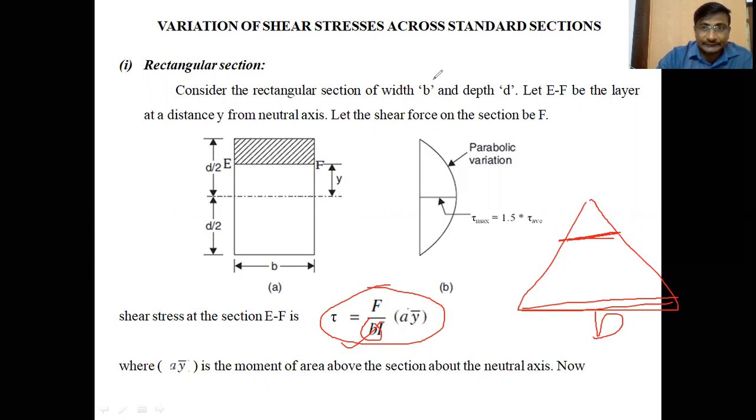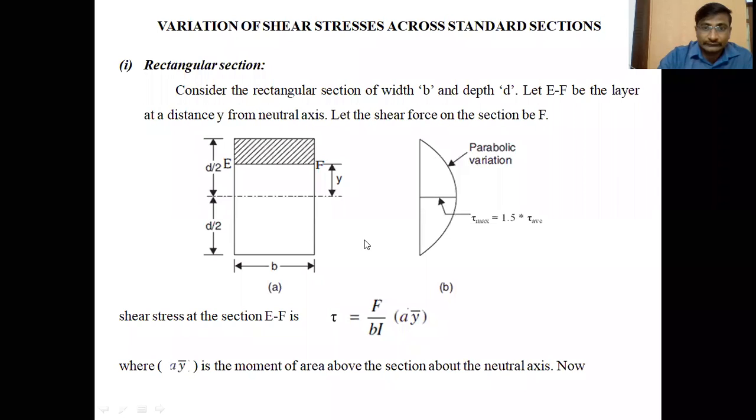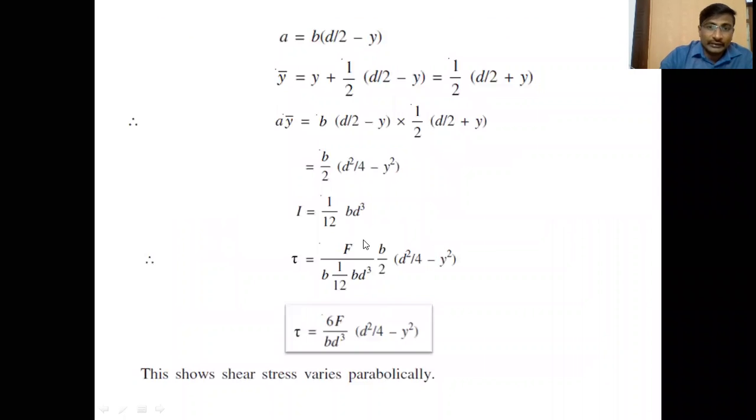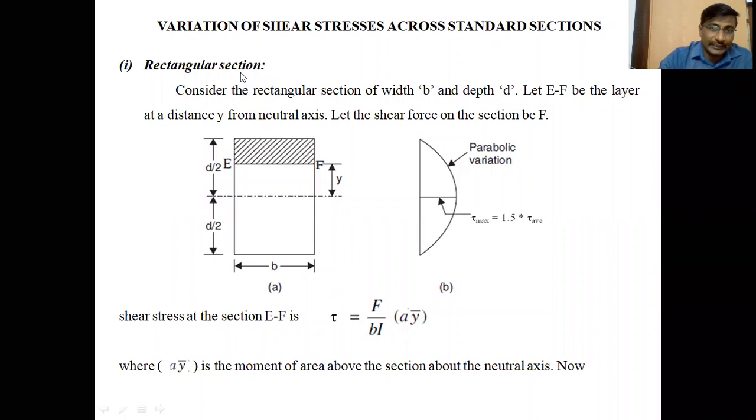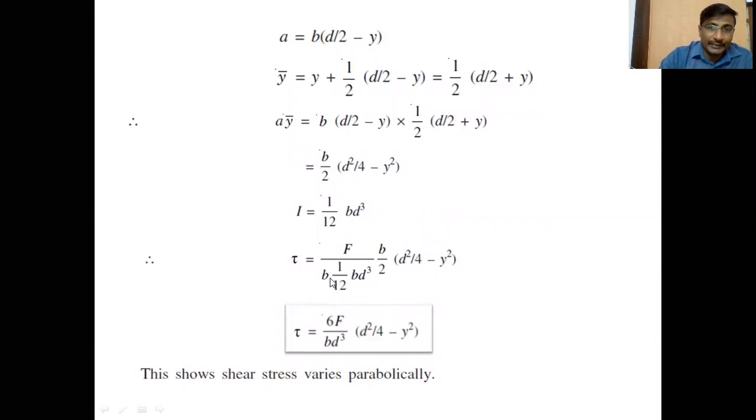Dear students, by substituting F into A y bar, the A y bar value is b by 2 into d square by 4 minus y square, divided by b as it is, because here b is the breadth of the level EF, which is also equal to the breadth of the rectangular section in this case. b into I is b d cube by 12.